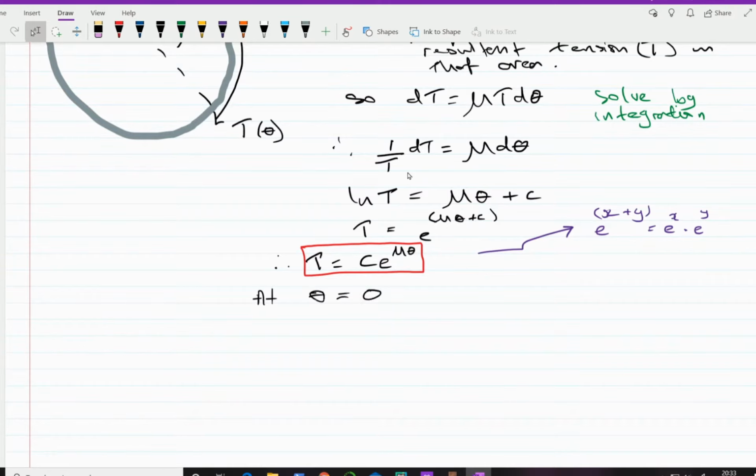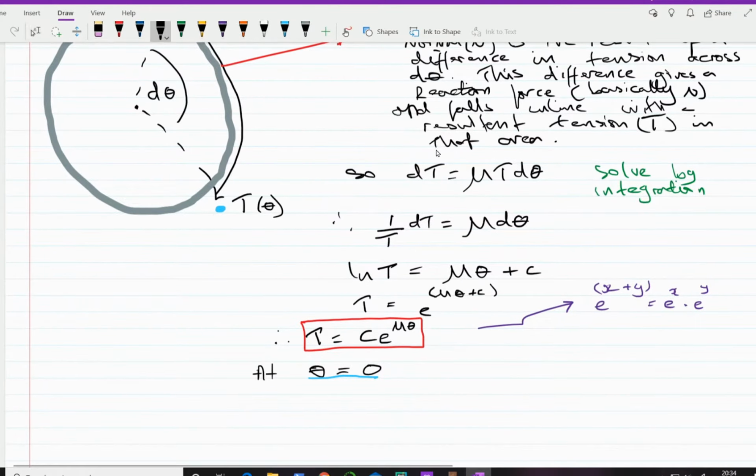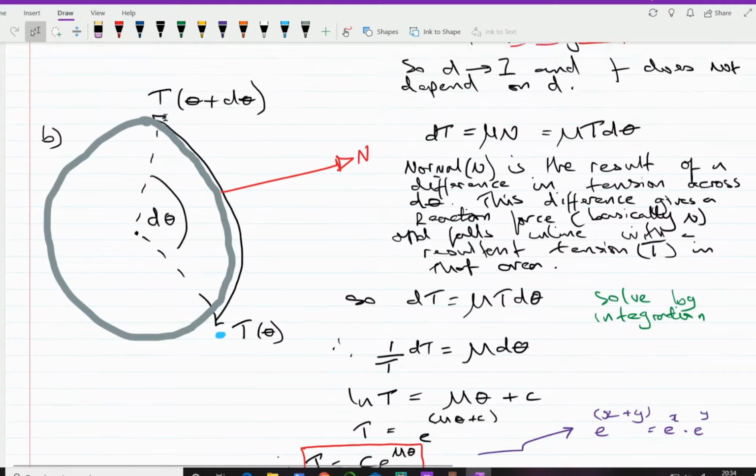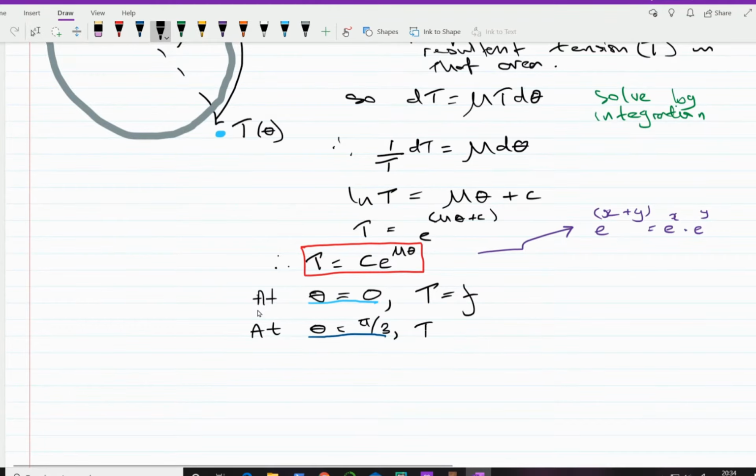We can find it using a couple of boundary conditions, where at one end of the rope on the cylinder we have what the cat is doing, and at the other end we have what the mice are doing. All I'm doing is substituting these values of the angle and tension, which is a force, the force of the cat or the force of the mice, into the expression for tension.